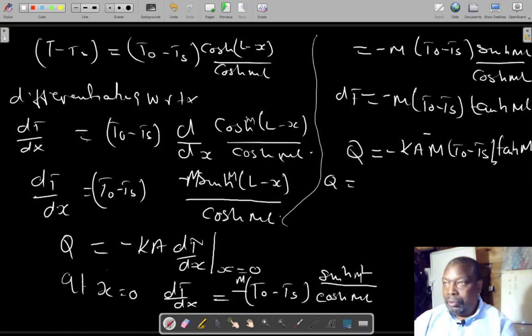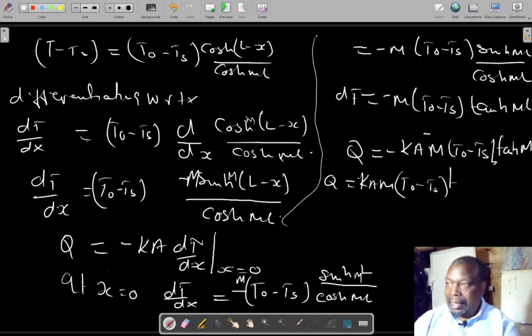Q is equal to minus K, minus and minus cancels, and we are left with KAm (T naught minus Ts) tan hyperbolic mL.